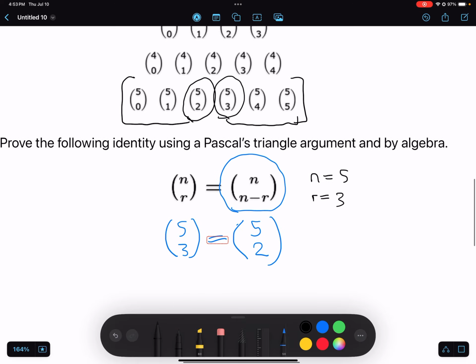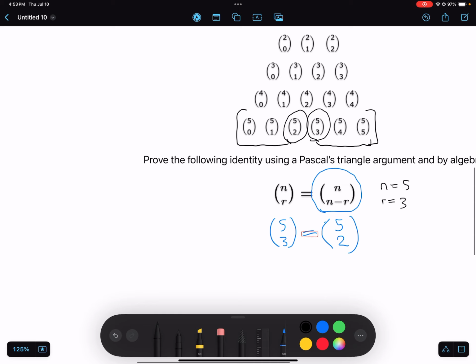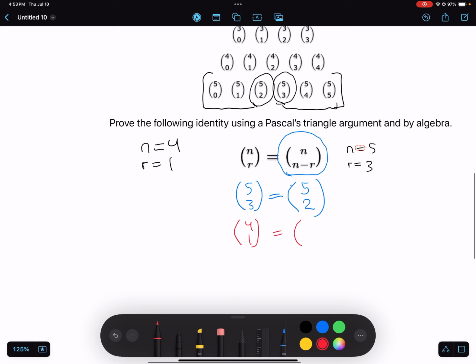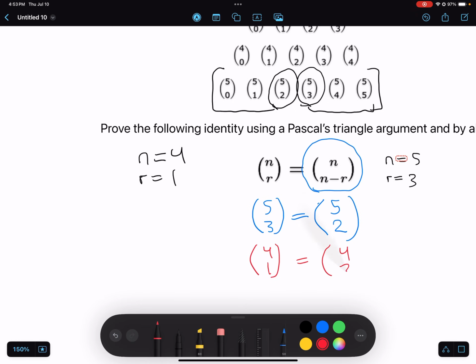If you really wanted to make sure of this, you could try one more example. Let's say n equals 4 and r equals 1. You'd have 4 choose 1 equal to 4 choose 4 minus 1, so it's going to be 4 choose 3.